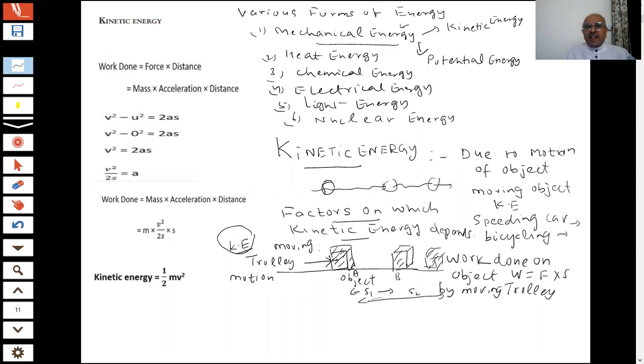That means the kinetic energy depends on the velocity of the trolley. With increase in velocity, the work done increased. Therefore, we can say that kinetic energy depends on the velocity. Kinetic energy increases with increase in velocity. How much it increases, we will find out by a formula.